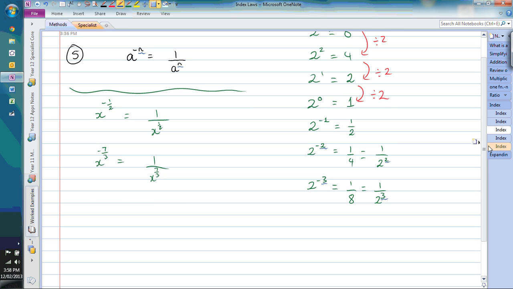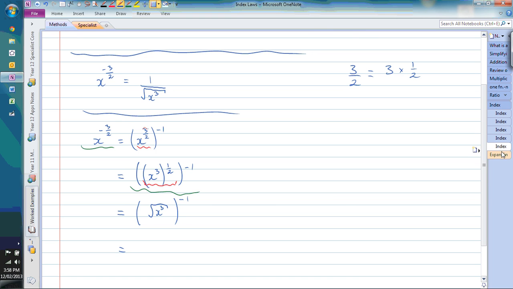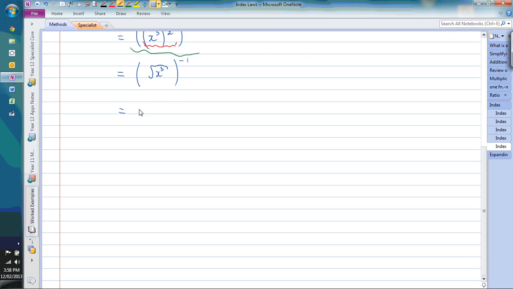Using index law number 5, negative powers put things onto the bottom of fractions. So a to the negative 1 would be 1 on a to the 1. So this is equivalent to 1 on the square root of x cubed all to the power of 1.